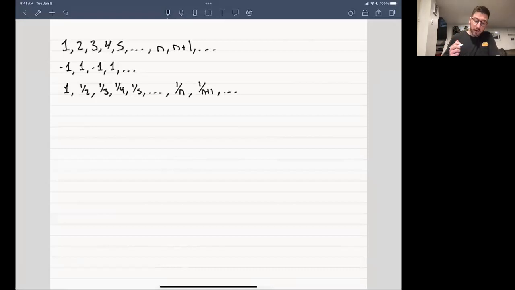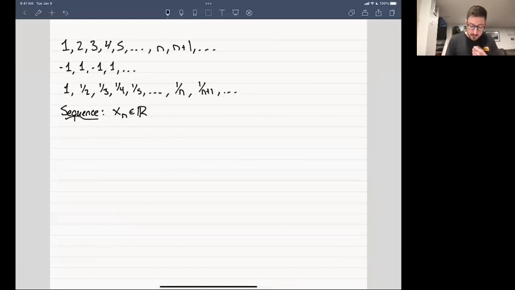But just for a moment, let's abstractly define or think about how we write a sequence. We can write a sequence of real numbers in the following way. We write x sub n, and each one of these is going to be, for our purposes, a real number.